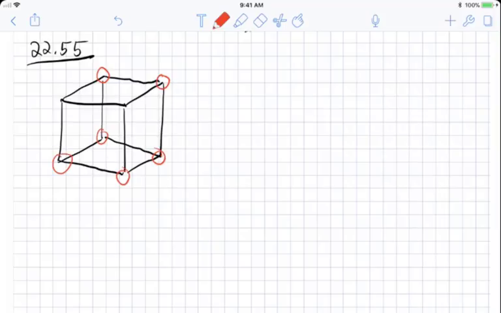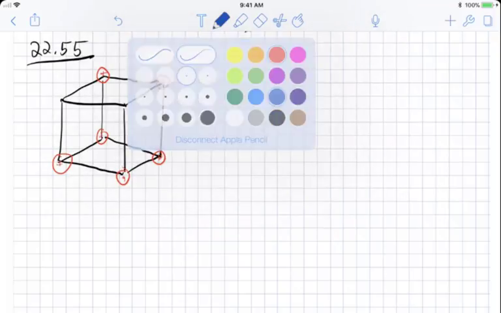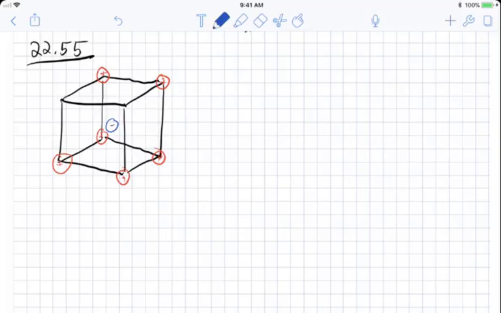These are all positive. And then there's a negative guy in the middle, right in the middle. And the length here is 412 picometers, which is a ridiculous amount. It's 10 to the minus 12, so this is 412 times 10 to the minus 12 meters.